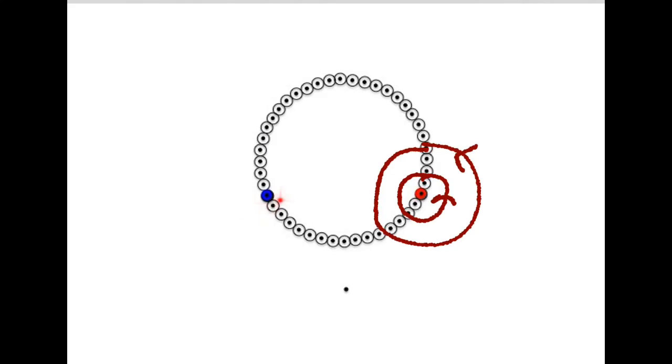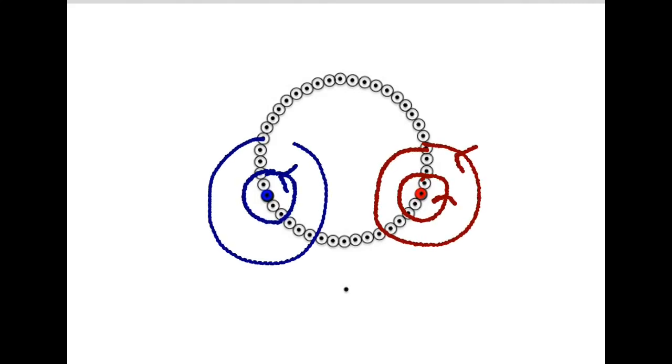So if we look at this current filament right here, the magnetic field intensity lines will form closed circles around it like this.